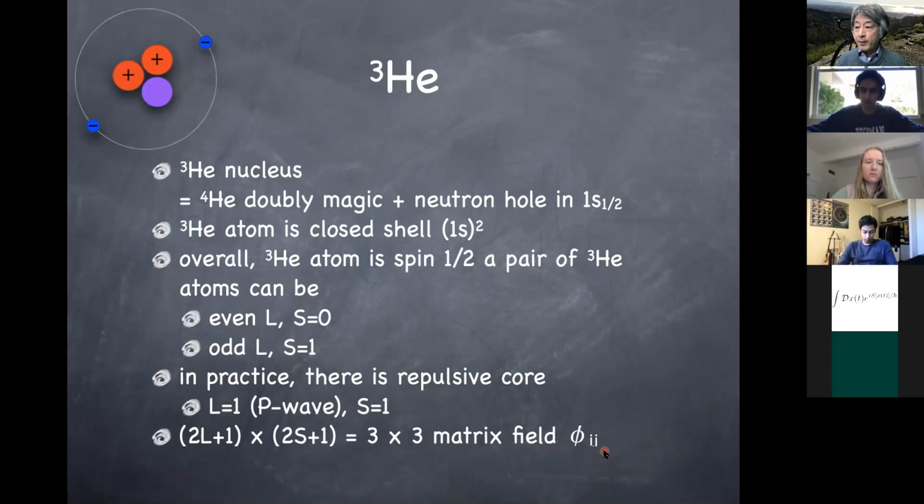I have a question. Go ahead. What differentiates a boson pair of helium-3 atoms from just having two separate fermions, two helium-3 atoms? What does it mean to have a pair? Yeah, so you have one helium-3 atom, and you have yet another helium-3 atom. They weakly attract each other, so they form, in some sense, a kind of bound state. And that bound state overall is a boson, and we describe this bound state as a boson in terms of the Schrödinger field.